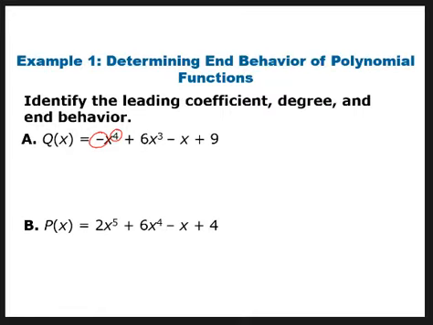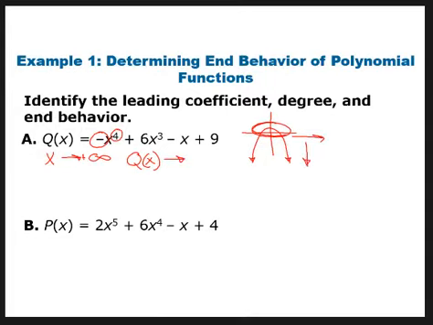So that means I'm going to have something that looks like this. Now again, in the middle here, it could vary as far as having some bumps or lumps in there, but for right now, we're just worried about the ends of it. So as x approaches positive infinity, the function itself, which in this case is q of x, as we go this way, the graph is going down, so it would be approaching negative infinity.